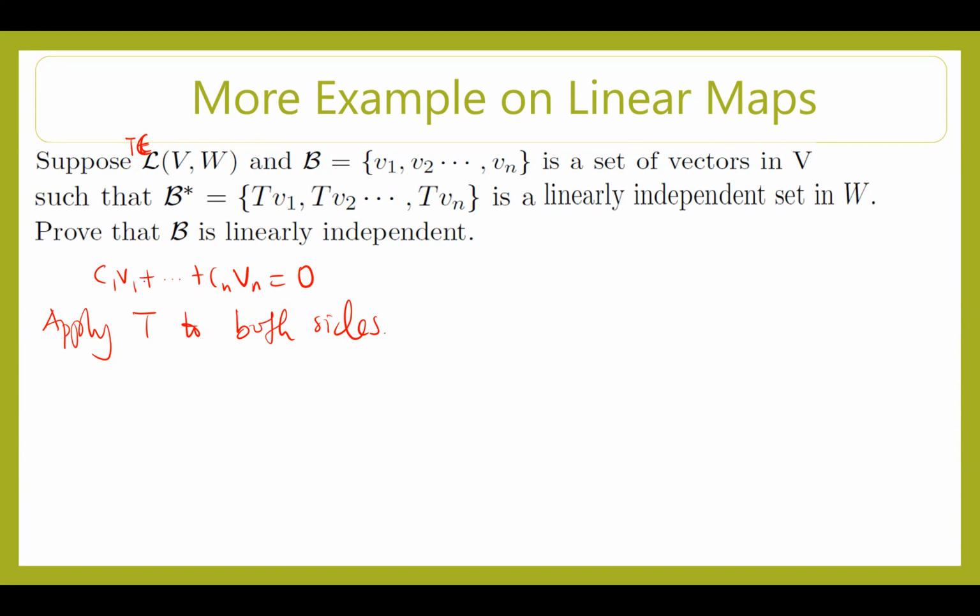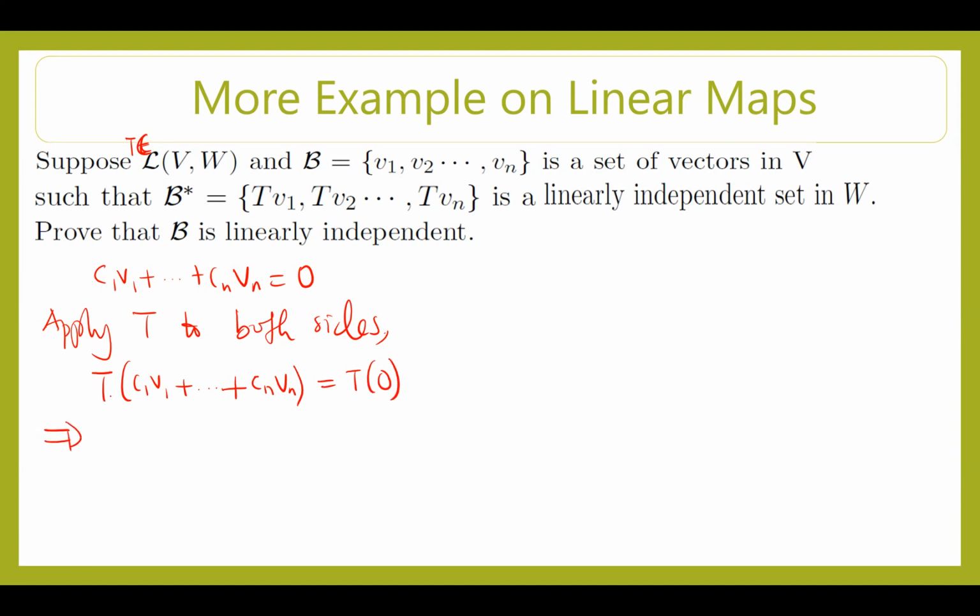So T is a linear transformation. So I'm going to apply it to both sides to get T of all this on the left is the same thing as T of 0 on the right.